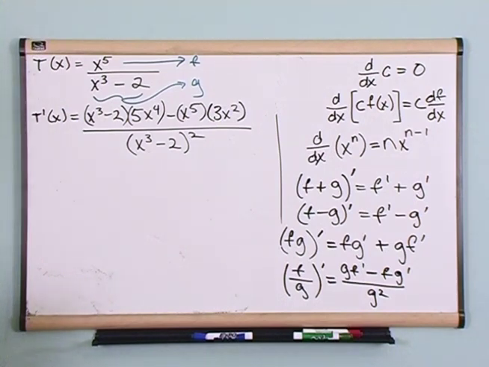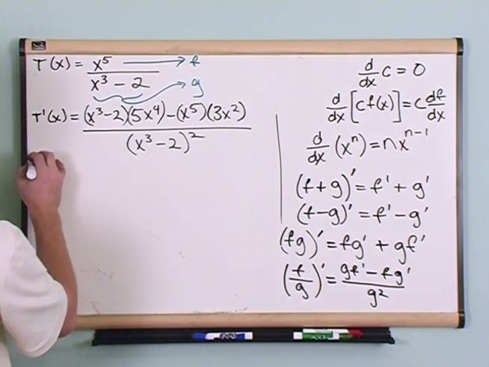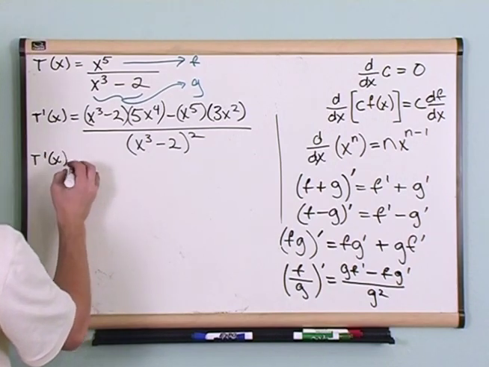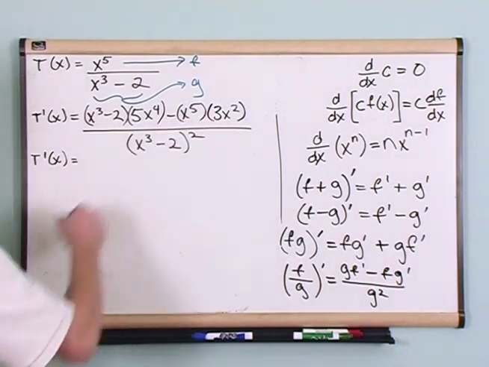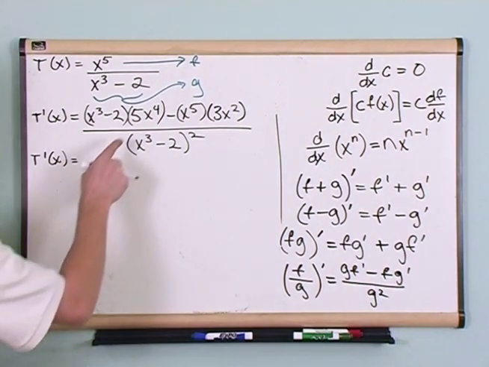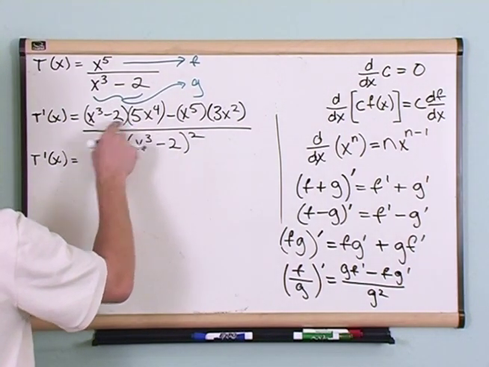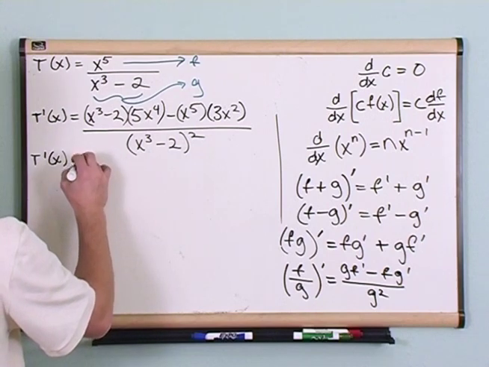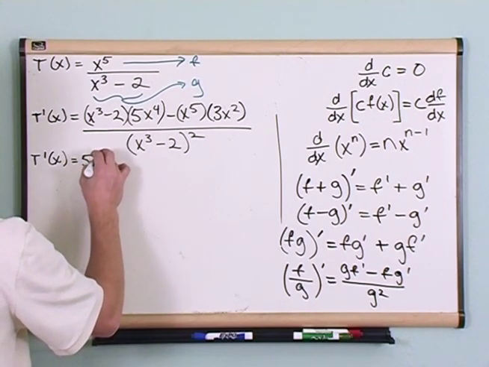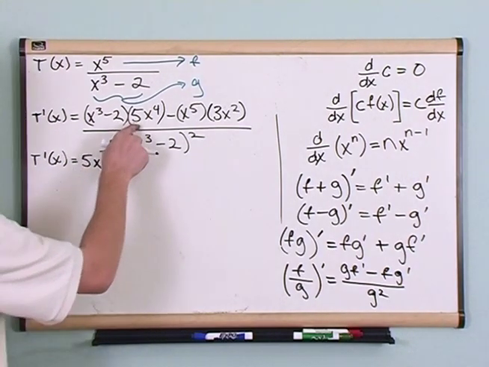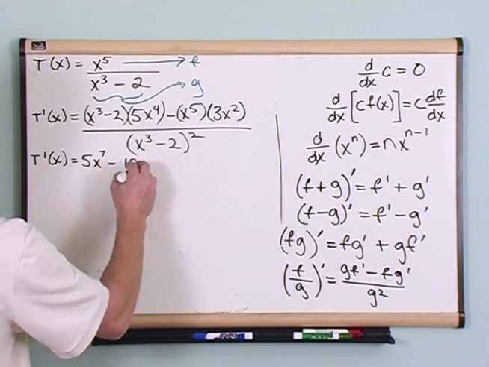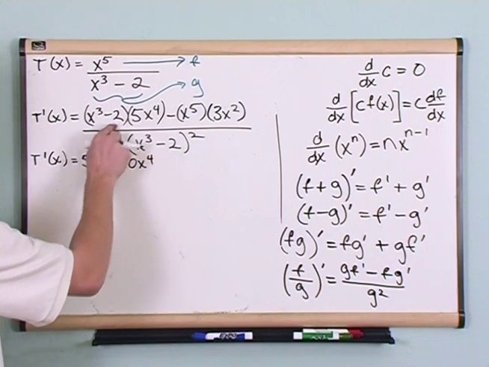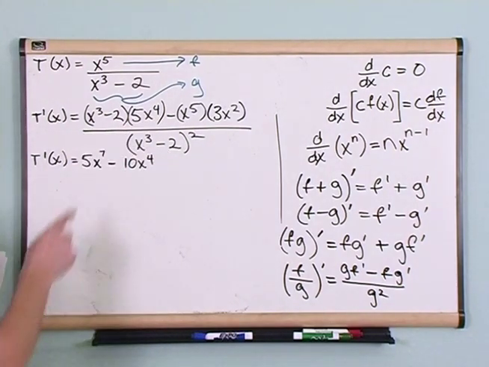Okay. So what do we have on the top? T prime of x. On the top, we have to distribute the stuff in and multiply the stuff out, and hopefully it simplifies. So what we have here, 5x to the 4th times this, x to the 3rd is 5x to the 7th power. This term times this term, minus 10x to the fourth power, this term times this term. 2 times 5 is 10, you got the negative sign, x to the 4.